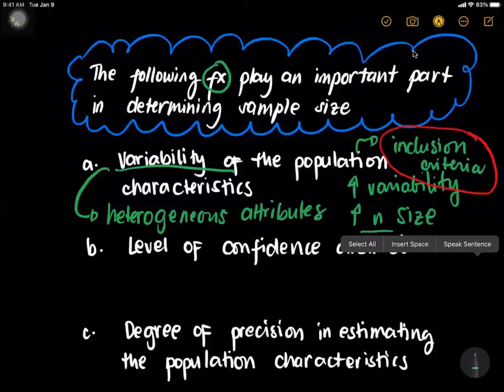So, for example, in a total of 10,000 college business students, for instance, we can filter them out according to the criteria that you have set. So that is also one way on how you can reduce your population so that you could have a manageable sample size.